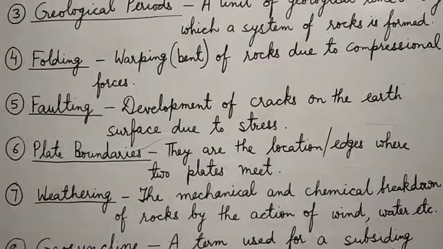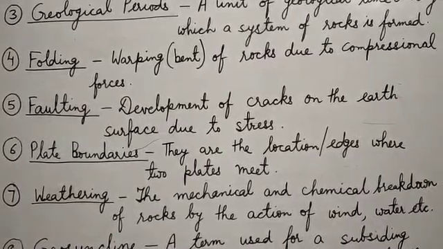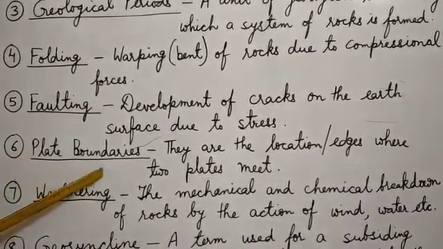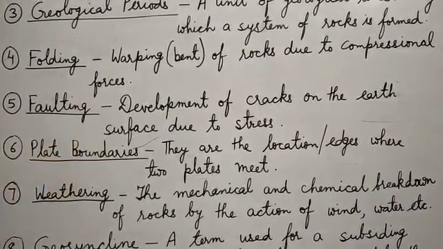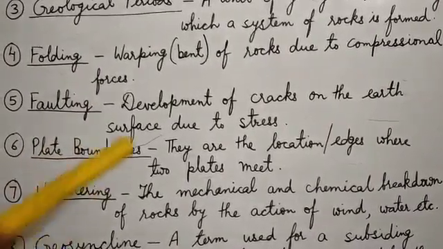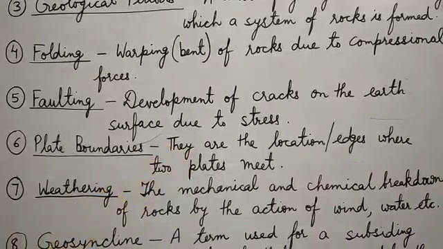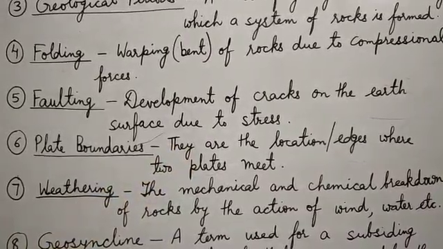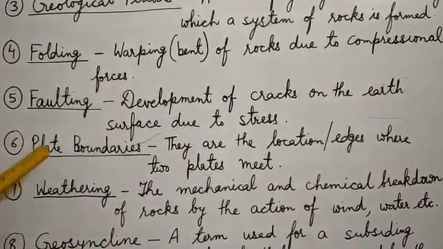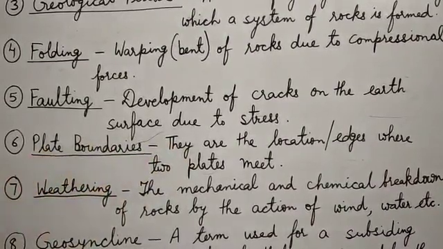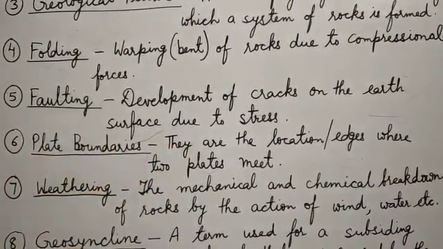Cracks are developed due to stress. And then next is plate boundaries. Plate boundaries are the location or the edges where two plates, continental or oceanic plates, meet. Those places are termed as plate boundaries.